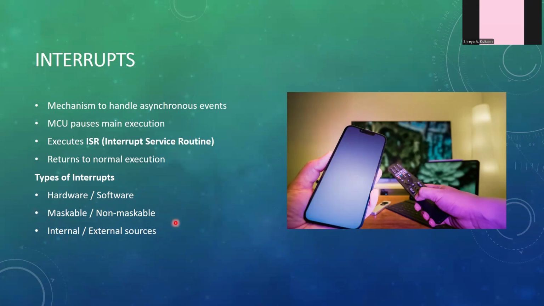Maskable and non-maskable: if an interrupt is generated and it's maskable, then you can program it in such a way that the microcontroller doesn't know that the interrupt was generated in the first place. But if you use non-maskable interrupts, there is no way to hide this from the microcontroller. And hardware and software interrupts: some interrupts can be generated using the hardware and some are generated using the code itself. In software, division by zero can be considered as one of the software interrupts.